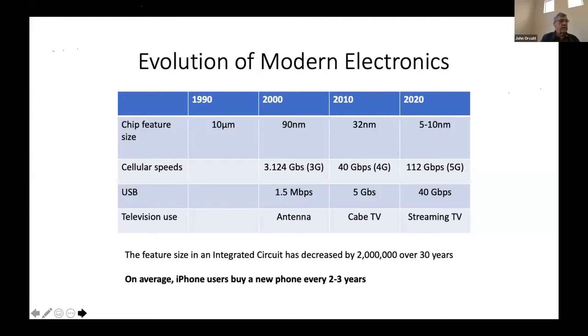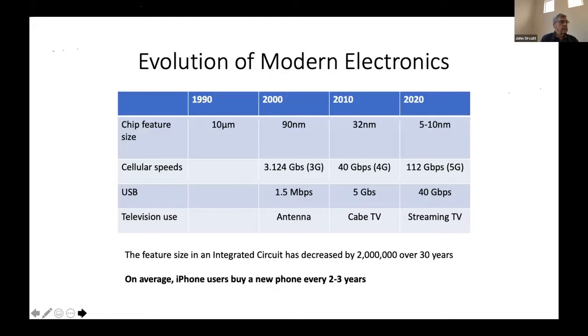Electronics have been evolving at a very high rate, consistent with Moore's law to date. This table shows the evolution of several systems over the last 30 years. Our oldest OBSs were built at the beginning of this record. One good example is the size of the features of the chip.